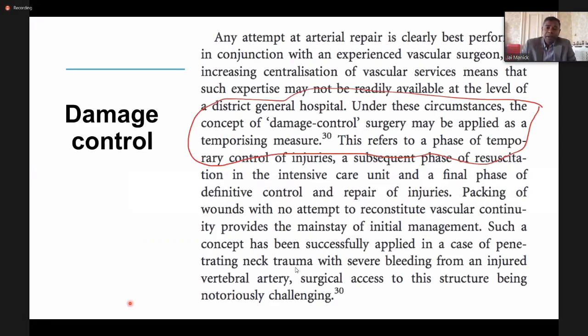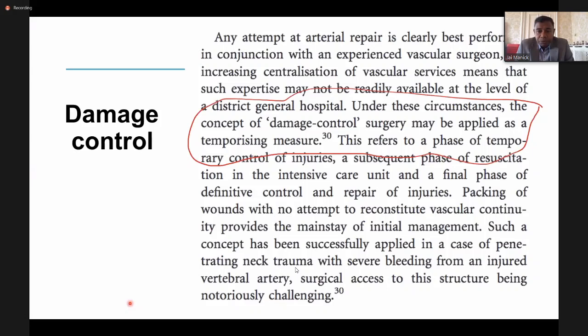Okay. I love this slide, damage control measures. Not every hospital is equipped with all these fancy gadgets. Many district general hospitals still don't have a vascular surgeon or CT angiography.